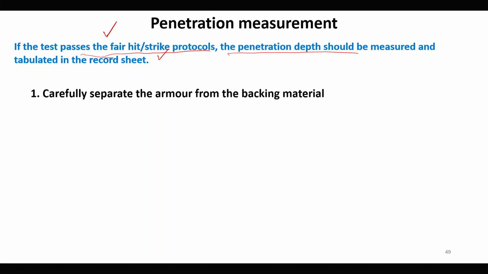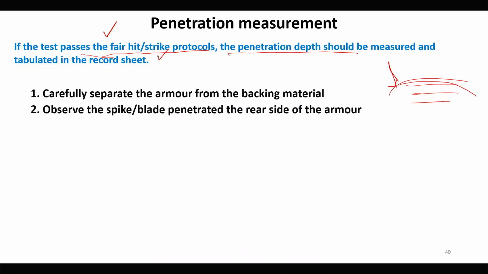After testing a fair hit, carefully separate the armor from the backing material. So, there will be backing materials and armors, and we have to separate this material from the backing material. Then we have to observe the spike or blade penetration to the rear side of the armor.